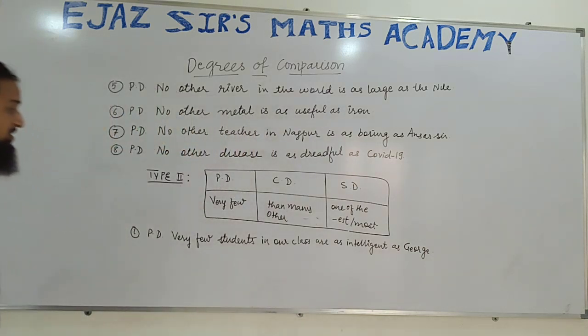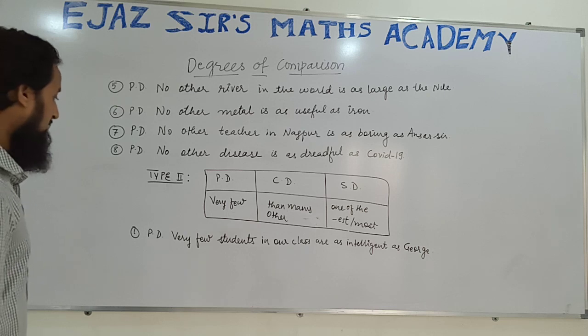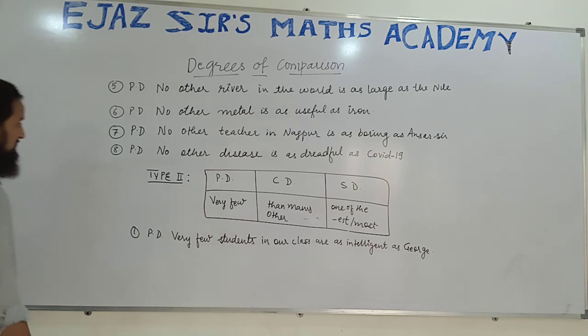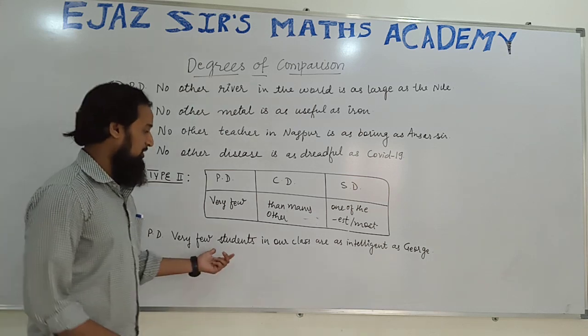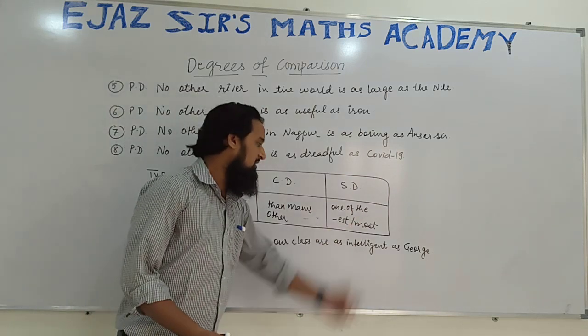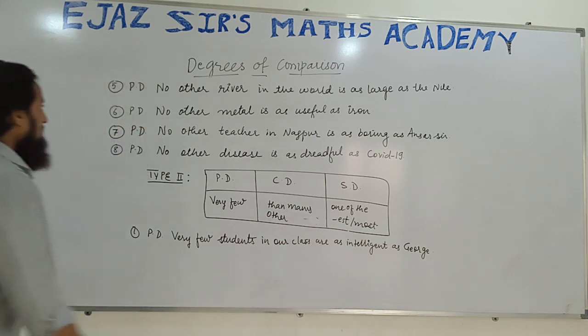Very few students in our class are as intelligent as George. What is the meaning? What is the meaning of the sentence? Very few students in our class are as intelligent as George.